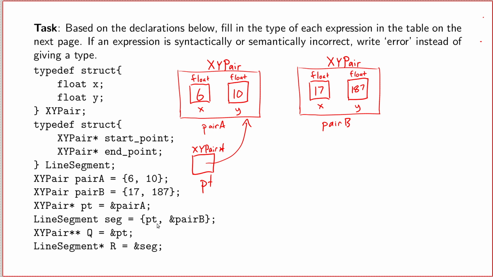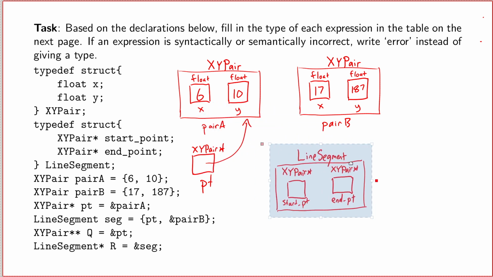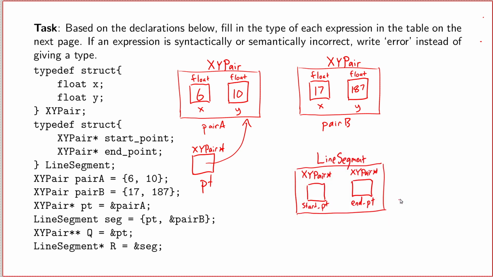Then I create an object of type line segment. I'm going to cheat a little bit here too. I've copied one of those before to save a bit of writing. That's called seg, and it is initialized with a curly bracket initializer to be the value of PT. The value of PT is this arrow, which is of type XY pair star. I notice that the very first member of my line segment structure is of type XY pair star.